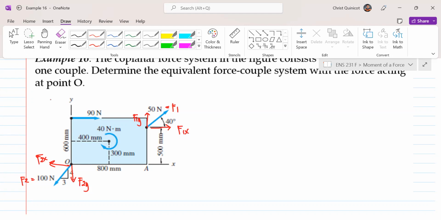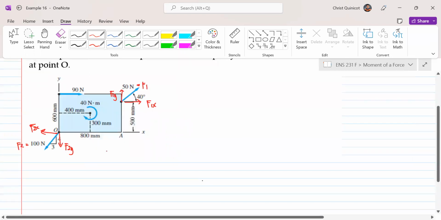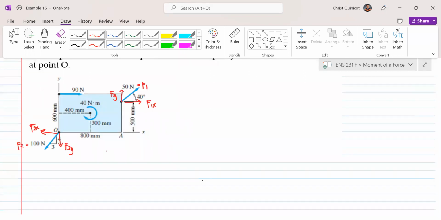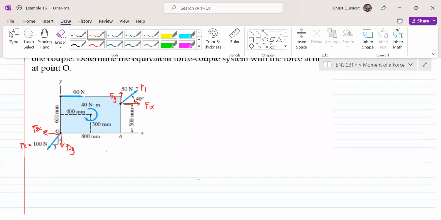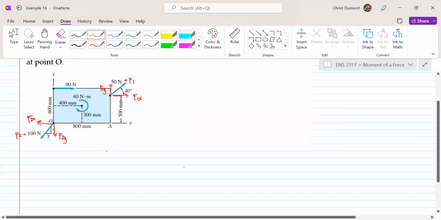So therefore, we'll be converting mm to m later. But for English system, you just stick with what is given. So if given is in inches, then you write pound inch. If given is in feet, you write pound foot, or pound feet. So we start by finding the resultant force.